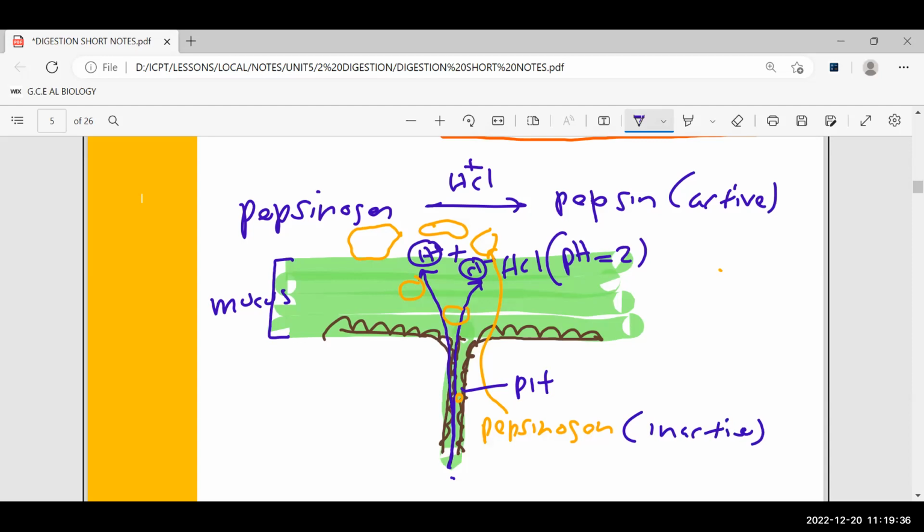Otherwise, pepsin can damage the cells because it can digest protein. When it goes to the top layer, in the mucus layer, it is converted into pepsin. And this mucus layer is protective. It doesn't damage the cells in this place.